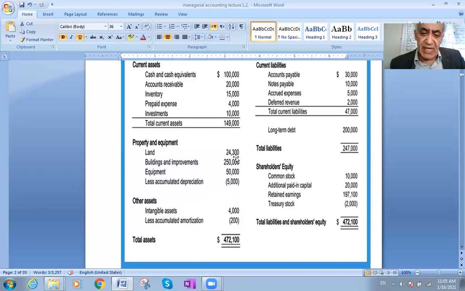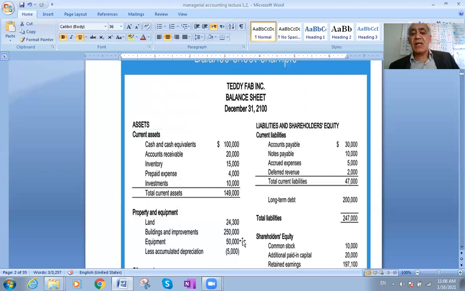We said 149 plus 24,300 plus 250 plus 50,000 minus 5,000, which is the depreciation, plus intangible assets 4,000 minus the accumulated amortization, which is 200. Then this will give me what I own, the assets: 472,100.